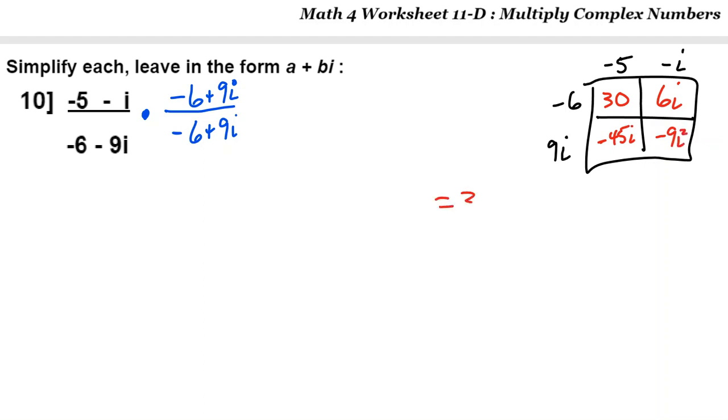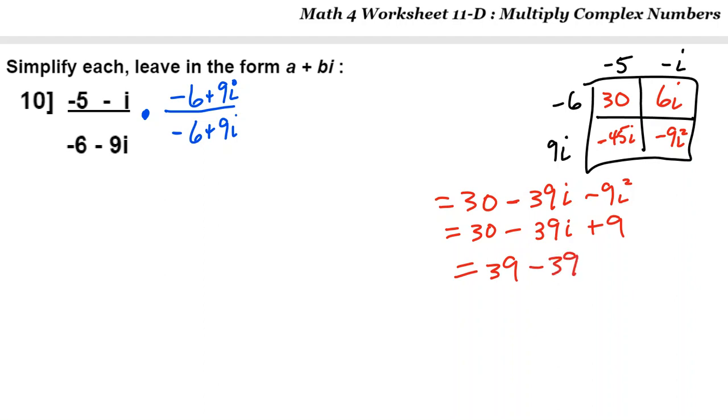So that is going to be 30. Negative 45 plus 6 is negative 39i minus 9i squared, which that 9 is going to become a plus 9. 30 plus 9 is going to be 39 minus 39i.